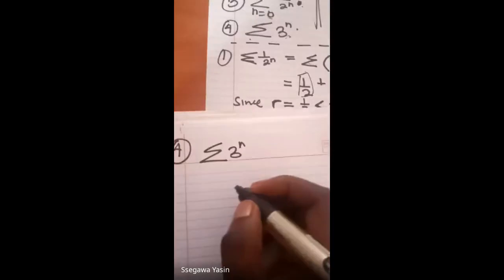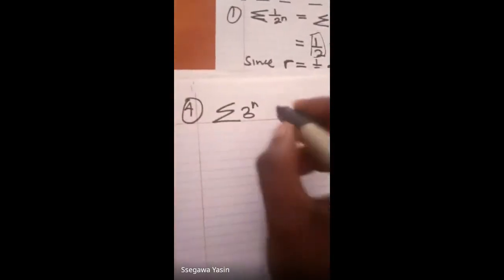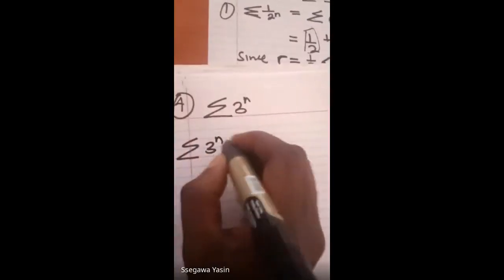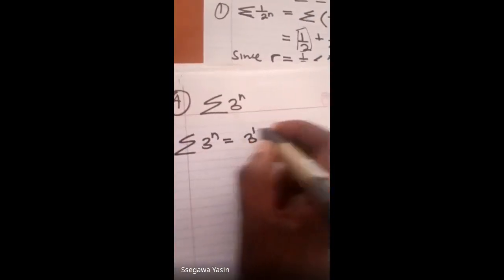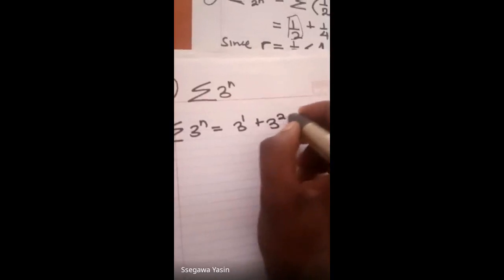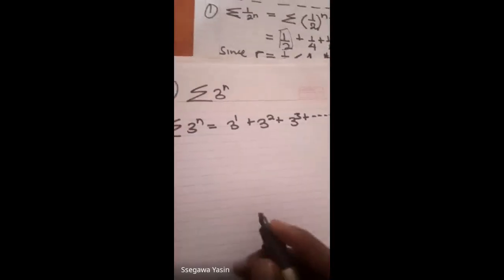So this one here will equal what? Sum of 3^n is the same as 3^1 plus 3^2 plus 3^3 plus other terms. And we know already this thing here.